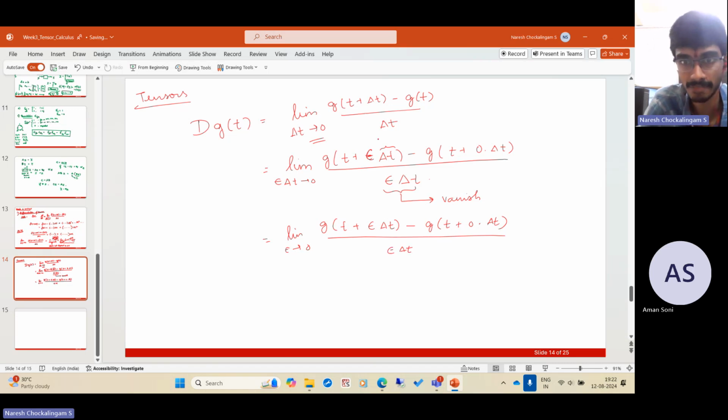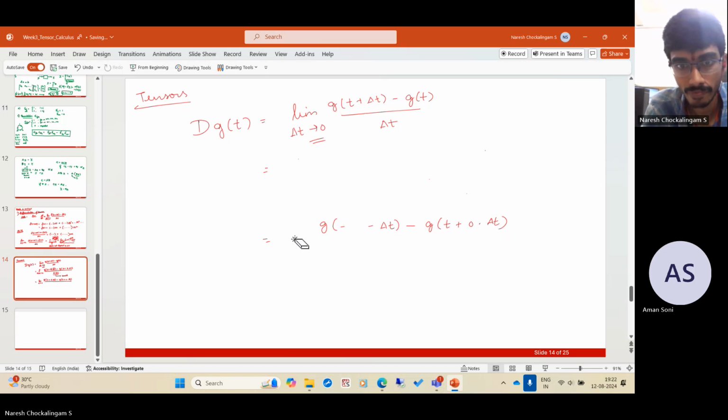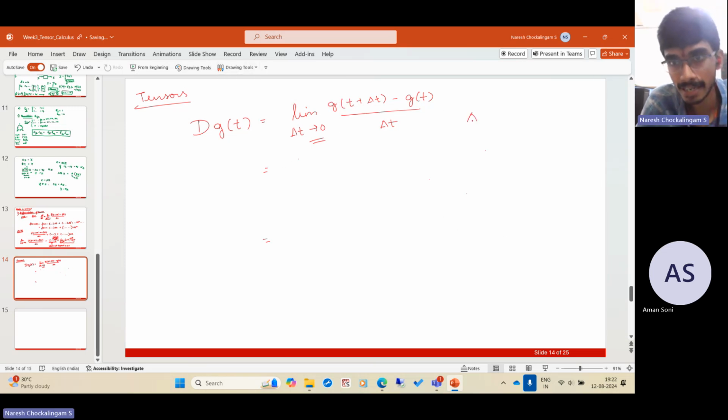This doesn't change anything. Basically, to make it less confusing, suppose delta t is some epsilon times h.